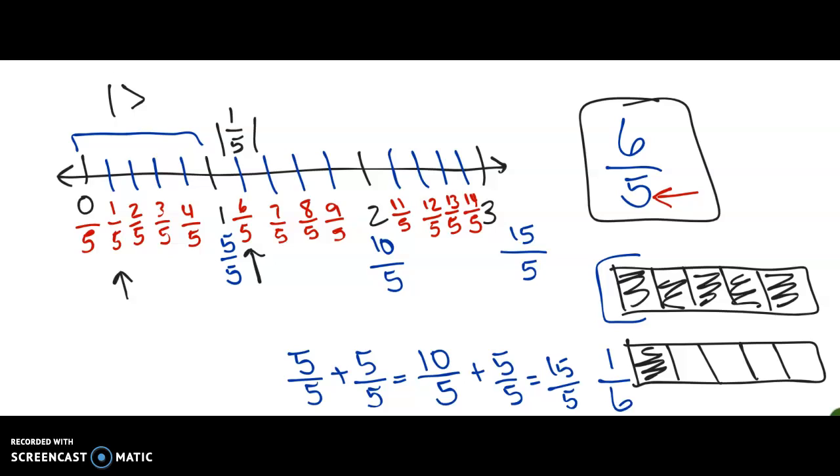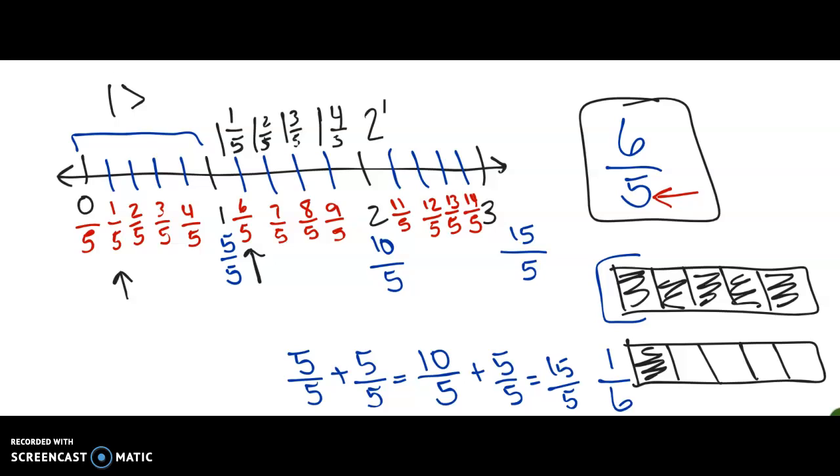So we have 1 and 1/5, 1 and 2/5, 1 and 3/5, 1 and 4/5. And then we have 10/5, or 2. That's our mixed number or proper fraction, which is 2. So now that we're in the 2, so 2 wholes, now 2 is going to be our first number.